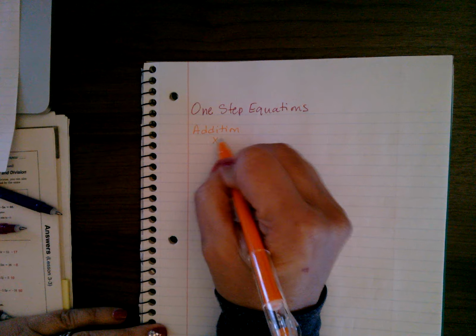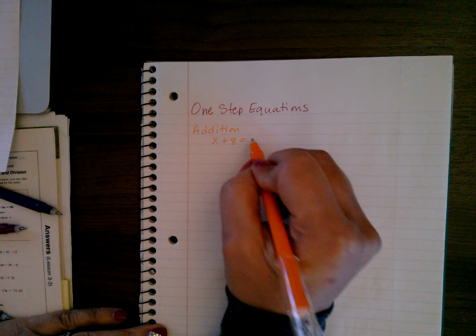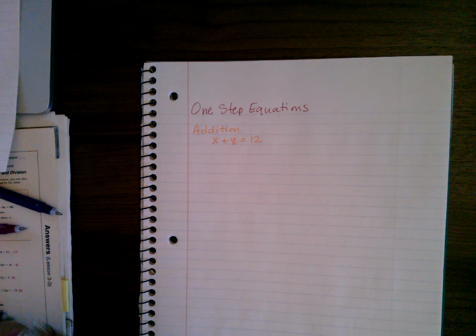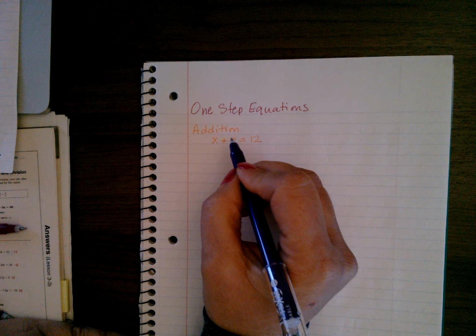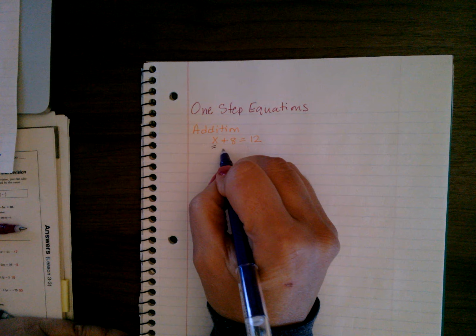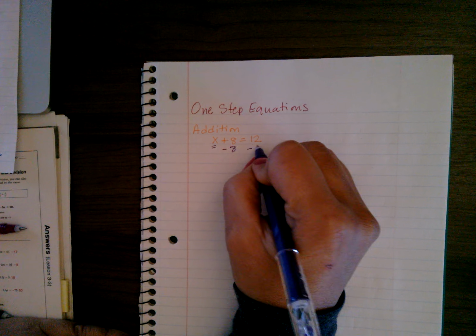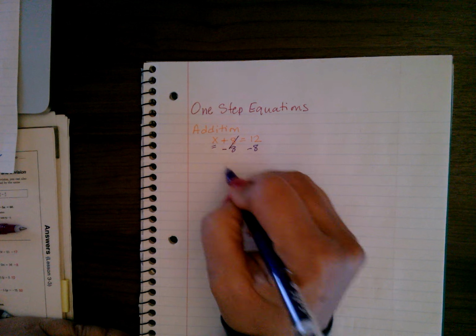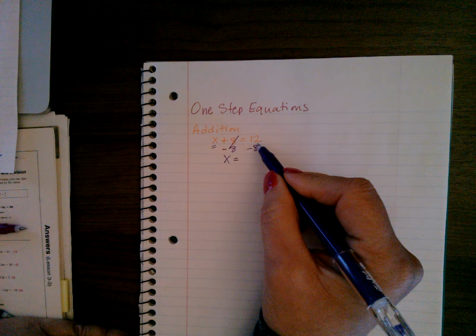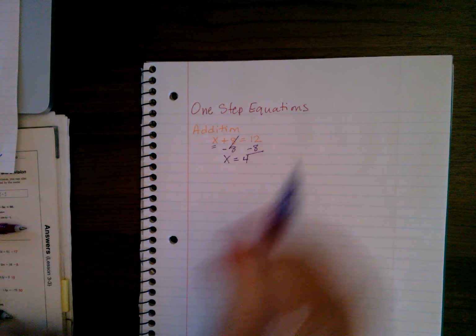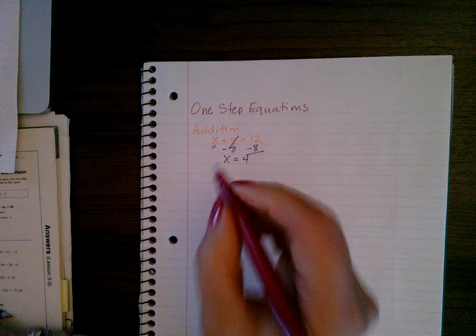If I give you x plus 8 equals 12, that is an addition problem. To isolate the x, I would have to subtract 8. I am now left with 12 minus 8, which is 4. Pretty straightforward.